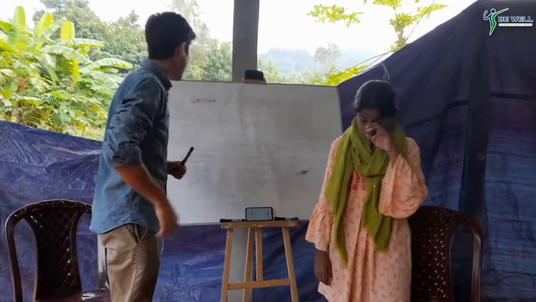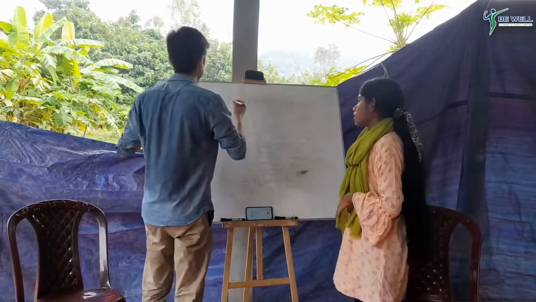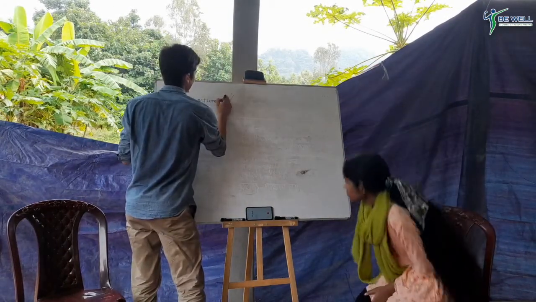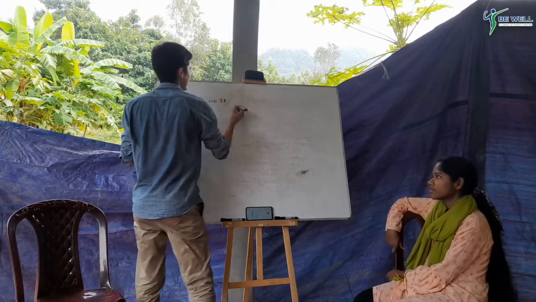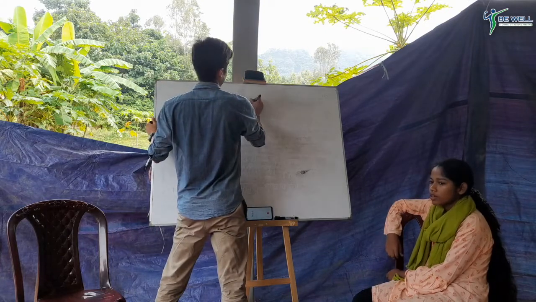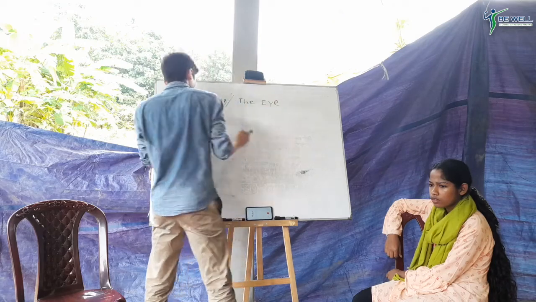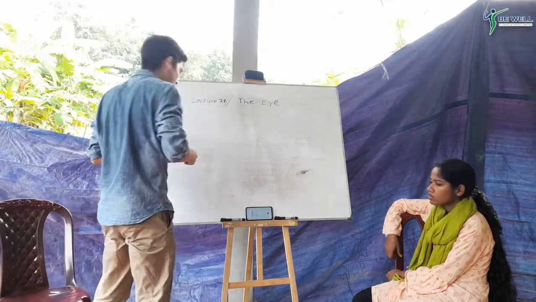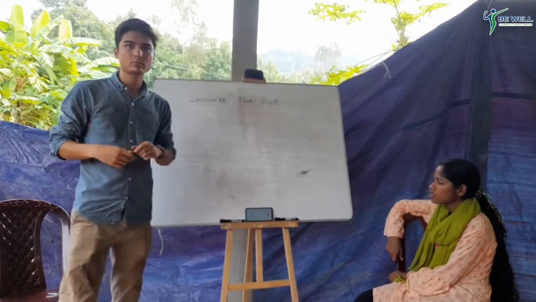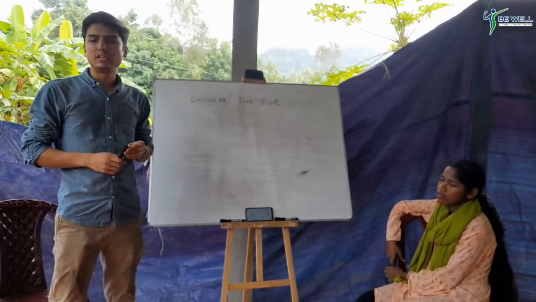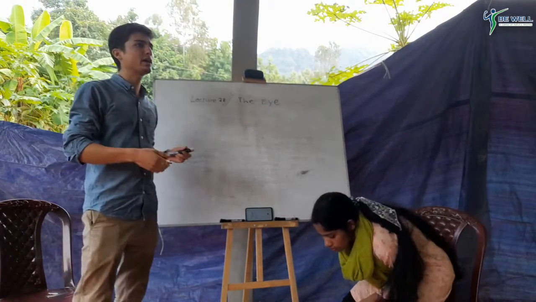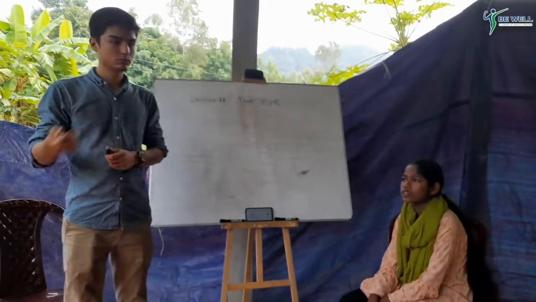Today we're going to study the eye. I'm going to call this lesson 28. You need to know some things about the eye. Yesterday, as I was coming back, I saw a man standing on the side of the road.